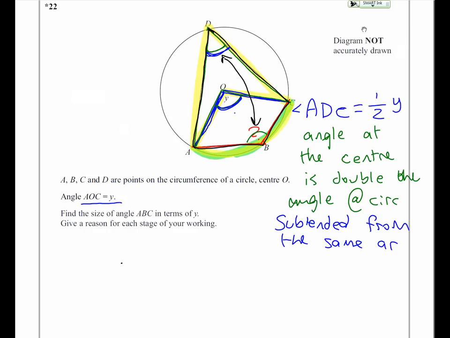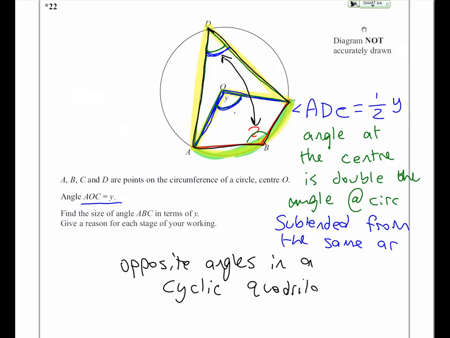So opposite angles in a cyclic quadrilateral add up to 180 degrees.